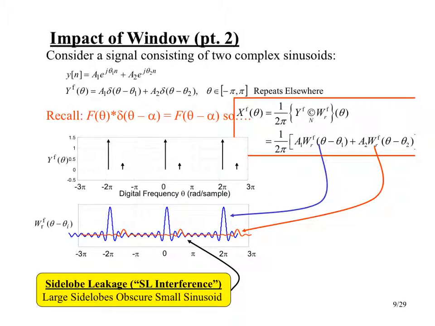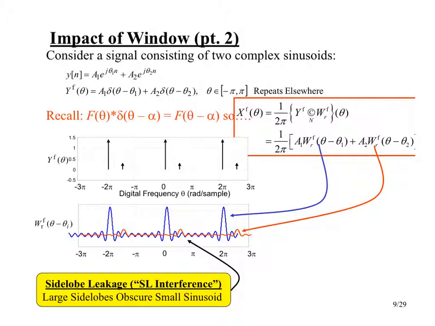A good way to study this phenomenon and the impact of main lobes and side lobes is to look at what happens when I'm trying to do a spectral analysis on two complex sinusoids. We make them complex just so that we only have a positive frequency to worry about and we don't have any negative frequency side to worry about. It just simplifies things a little bit.